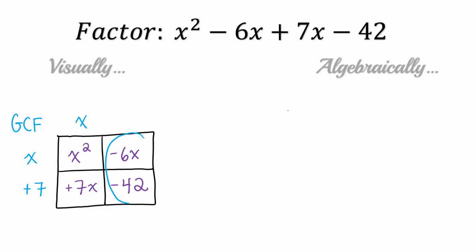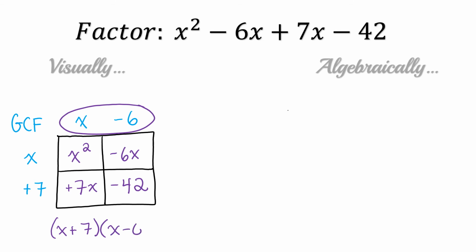The greatest common factor between negative 6x and negative 42 is negative 6. So the factored form of our expression will be the quantity of x plus 7 times the quantity of x minus 6.